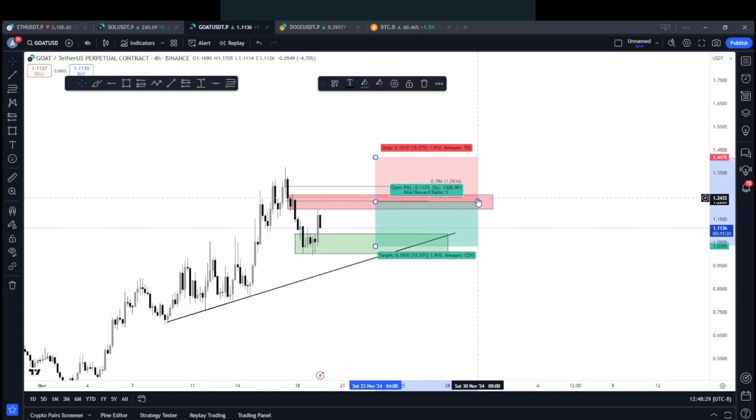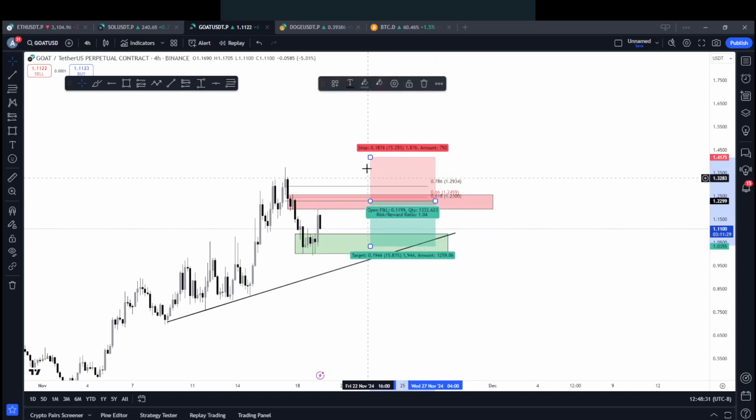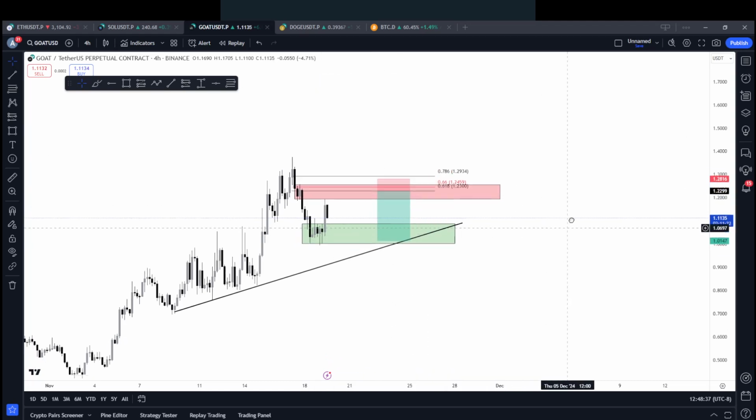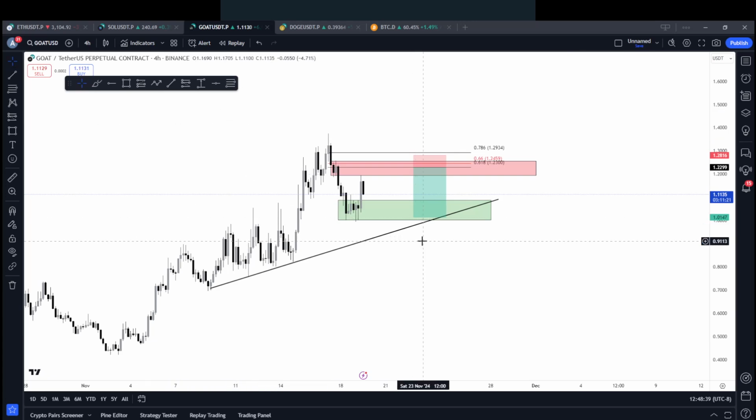And let's get the golden pocket here. Stops. Target. Yeah, play the trend line.